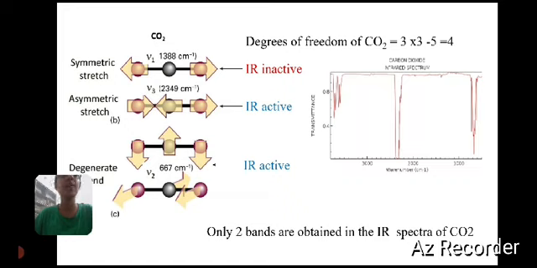And if we resolve these 4 vibration degrees of freedom, we can find that one is symmetric stretching vibration, which occurs at a frequency of 1388 cm inverse, and the other is asymmetric stretching vibration, which occurs at 2349 cm inverse, and another is 2 degenerate vibration.